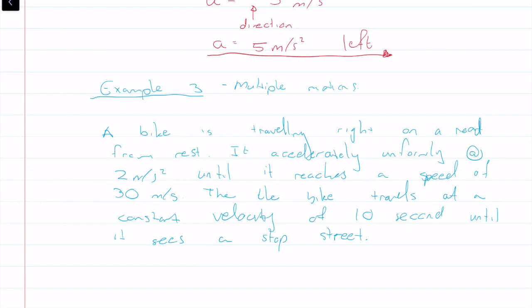Then we can say the bike stops uniformly in 5 seconds. Okay, so lots of information. We've got to dissect this.